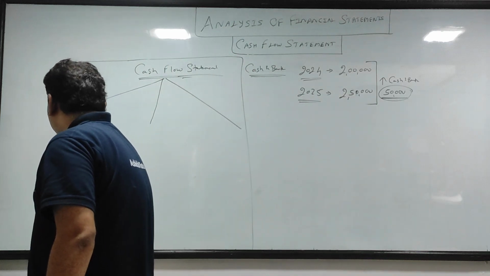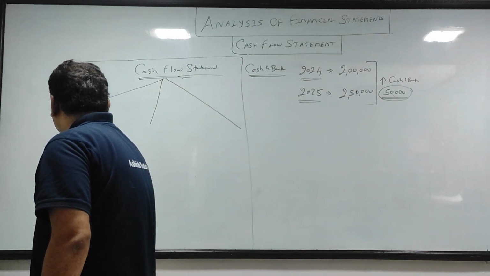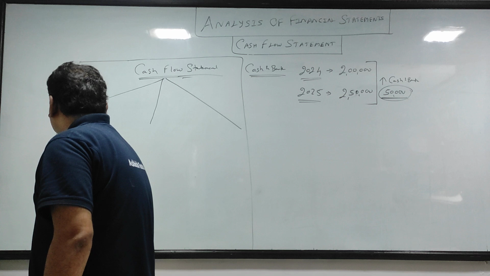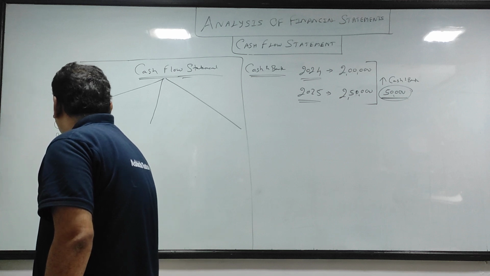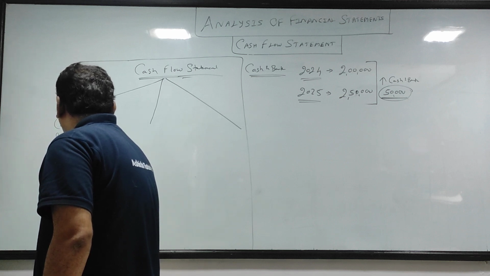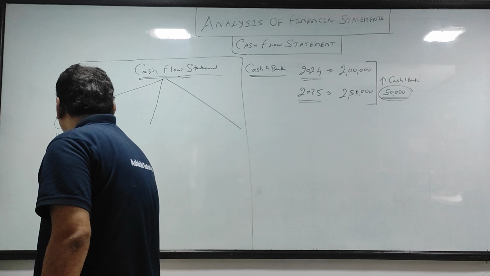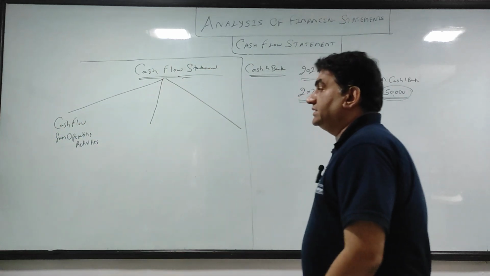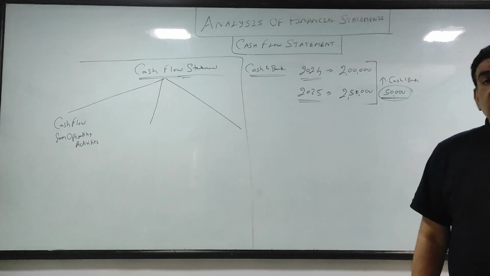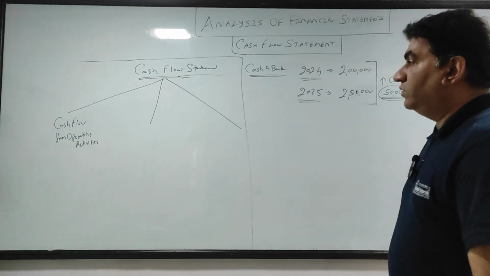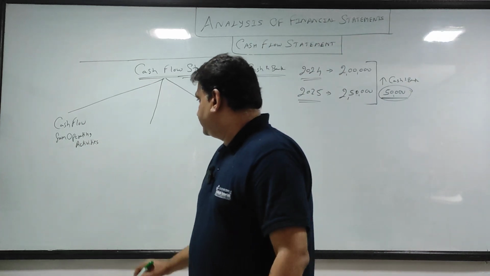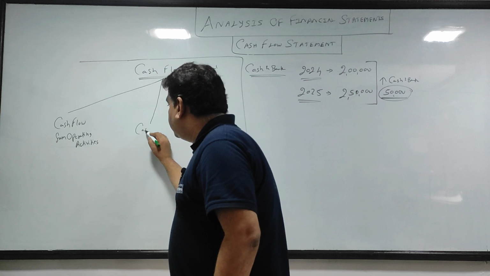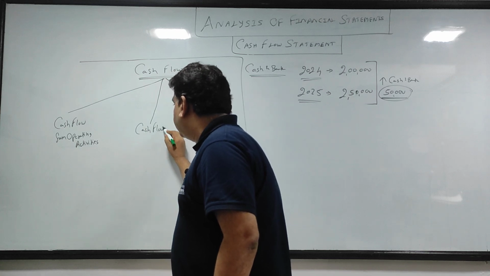The first part will be cash flow from operating activities. Understand the name of the three parts, then I'll show you किसमें क्या आता है.